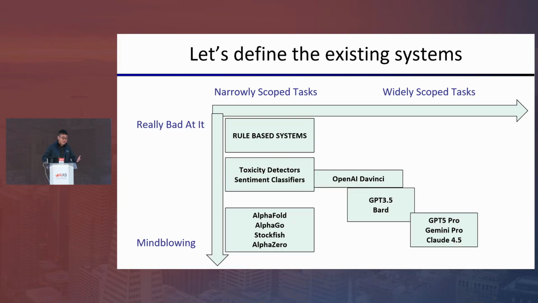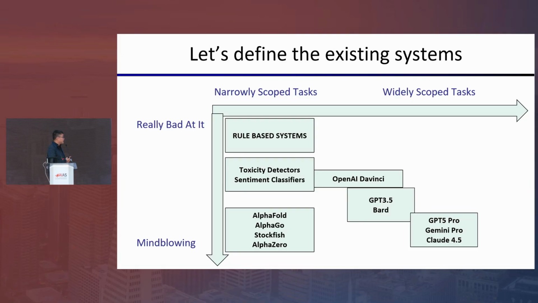Now the key aspect is that we put existing AI systems in a chart and figure out where we are. There are basic rule-based systems that started many years ago. With specialized deep learning systems, we were able to design sentiment classifiers and toxicity detectors.